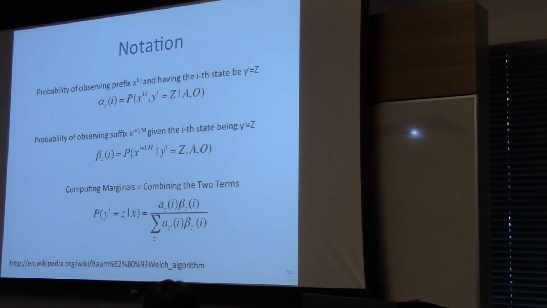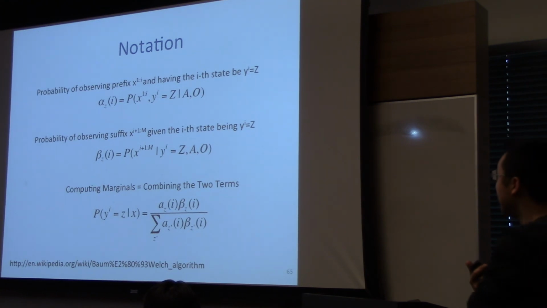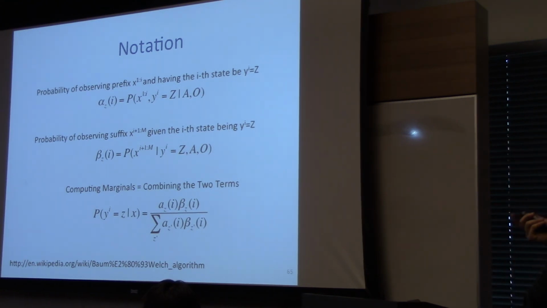So let alpha sub z of i denote the probability of the ith token being z, given our current model in our EM steps. We've estimated an intermediate model and want to compute the marginal distribution. So let alpha be the prefix probability of y sub i equals z given the first i subsequence of the input sentence. And let beta sub z of i be the suffix, right?